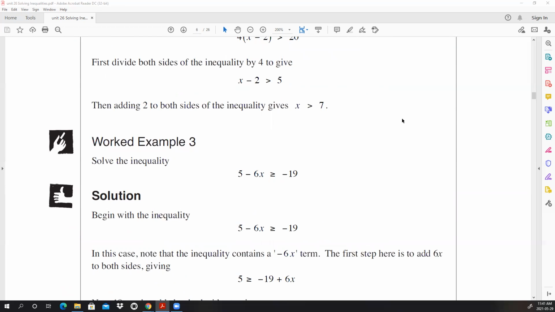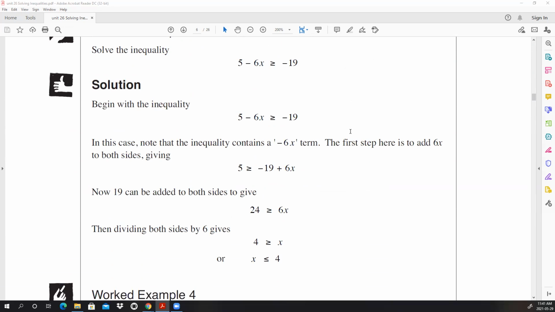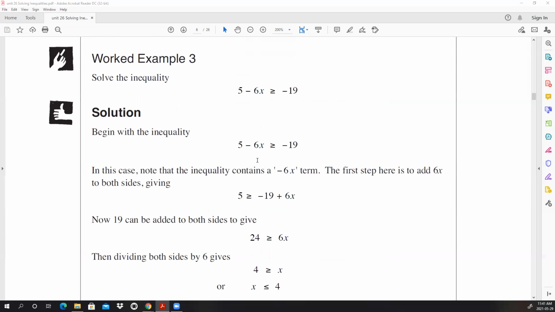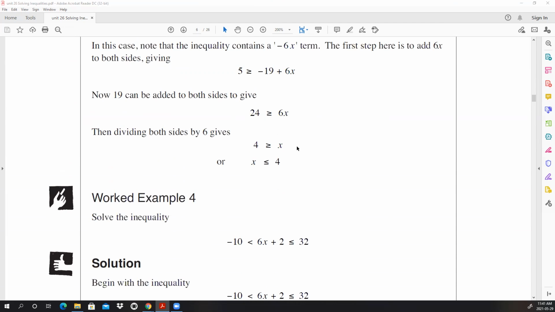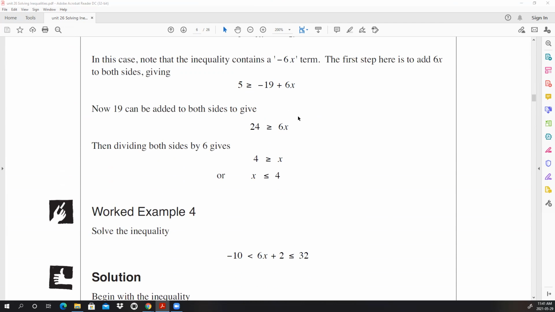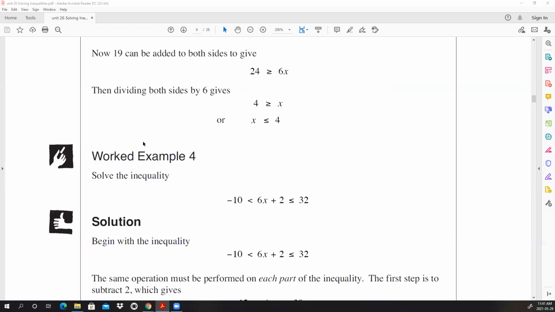So here's the answer. I will continue along the same vein. It only becomes a little, I wouldn't say tricky, but I guess I can call it tricky when you have a minus sign to deal with. You just have to remember to switch the signs, right? And as I say, you guys would have seen some of that earlier in the year.